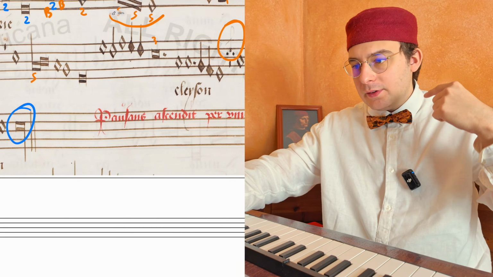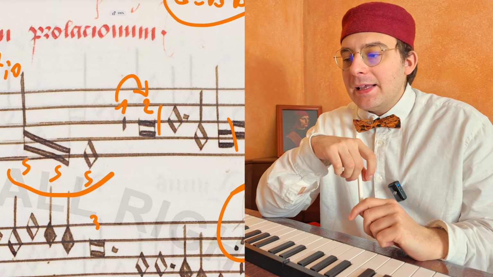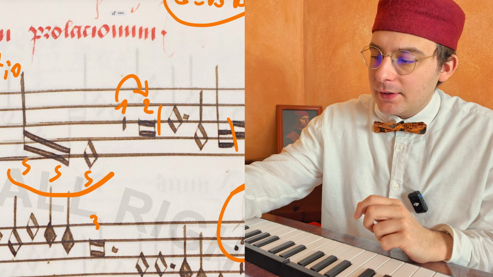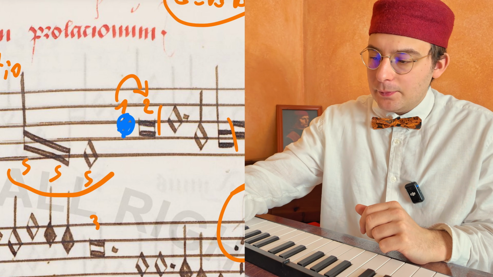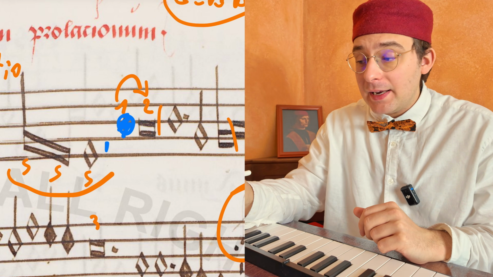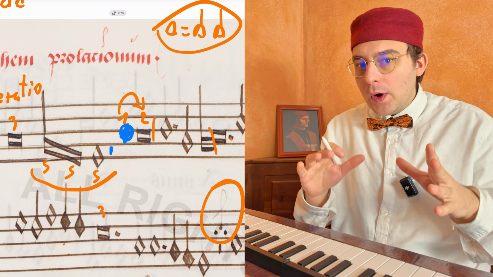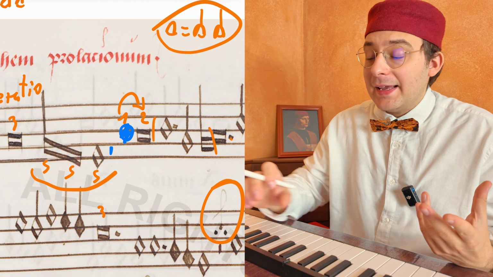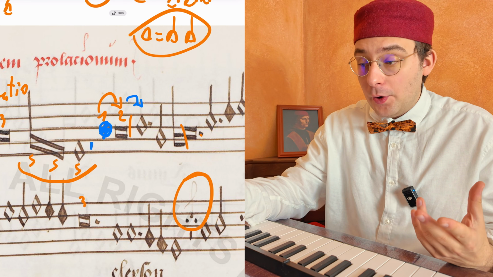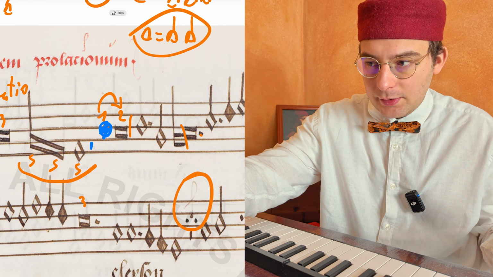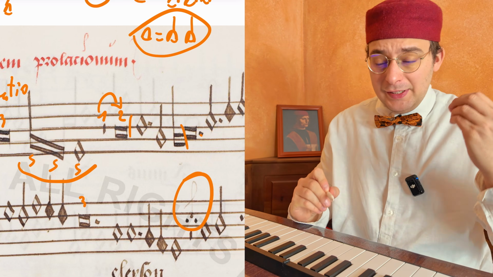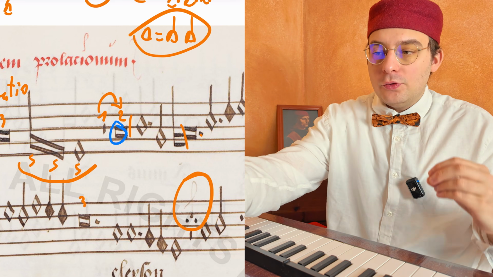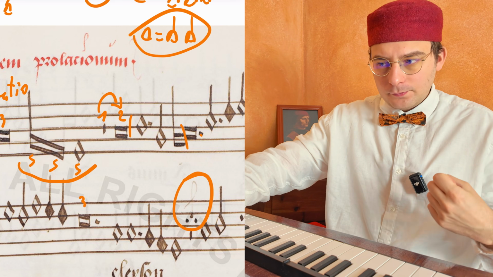But in the previous system, here, they couldn't work, because if I write this instead of this place here, this brevis now, it's quite ambiguous if it is perfect or imperfect. It's very ambiguous, because I can say, okay, it is imperfect a parte post, not anymore a parte ante. But the composer wanted this brevis to be imperfect a parte ante.